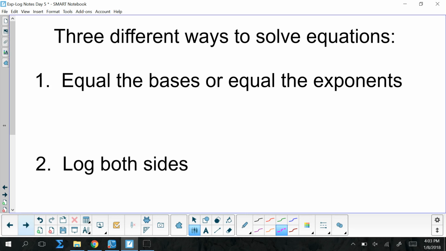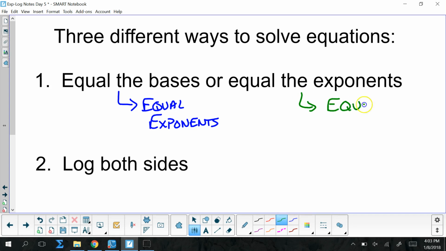Now, there are 3 different ways to solve logarithmic or exponential equations. Okay? The first way is we can equal out the bases, and then that would lead us to equal exponents. Or we can equal out the exponents, which would lead us to equal bases.